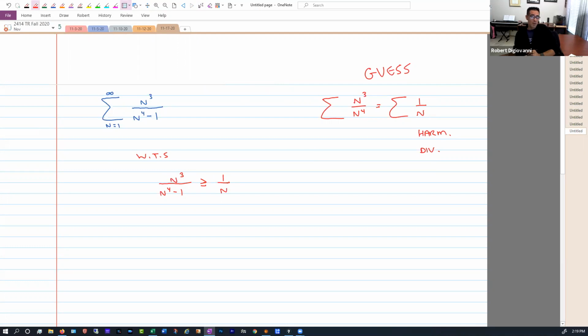Clear the fractions by multiplying both sides by the LCD, or cross multiply. Subtract n to the 4th on both sides. And voila, that's true. So whatever this does, that does, right? So this diverges.